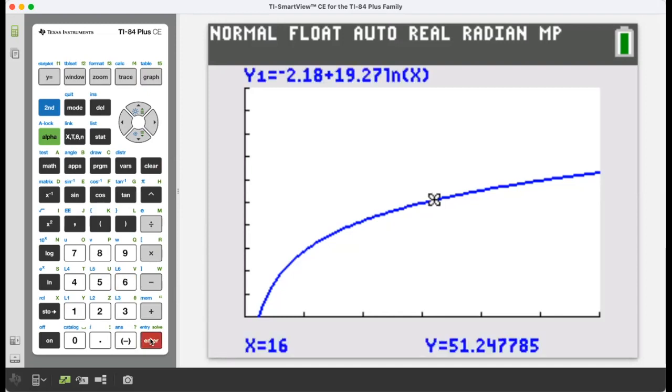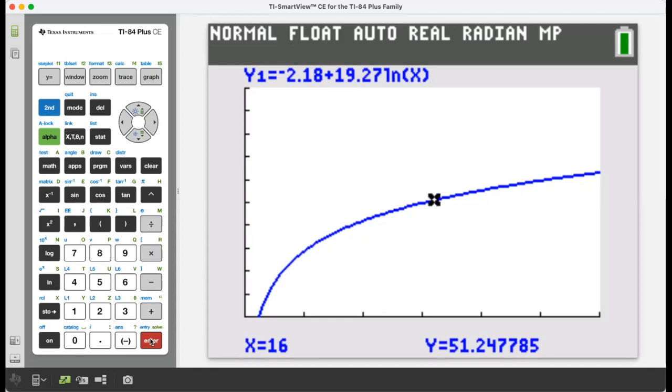Remember, this only works when you're given an x value. So the estimated human years compared to a 16-year-old horse is going to be equivalent to 51.2477 and so on. It keeps going on.